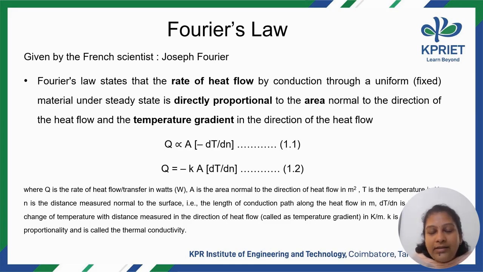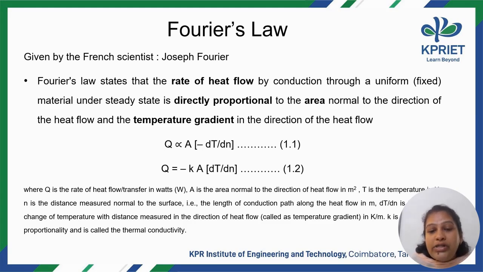Fourier's law states that the rate of heat flow, Q, by conduction through a uniform fixed material under steady state, that is the temperature does not change with respect to time, is directly proportional to the area normal to the direction of the heat flow, that is A, and the temperature gradient in the direction of the heat flow. The temperature gradient is given by dT by dn. So Q, the rate of heat transfer, is directly proportional to area A and the temperature gradient dT by dn.